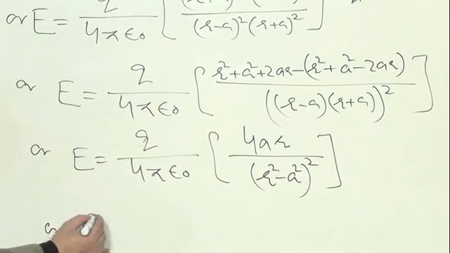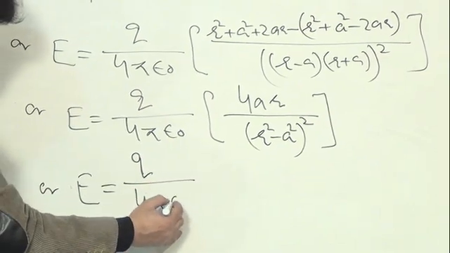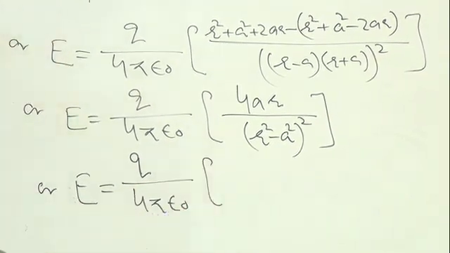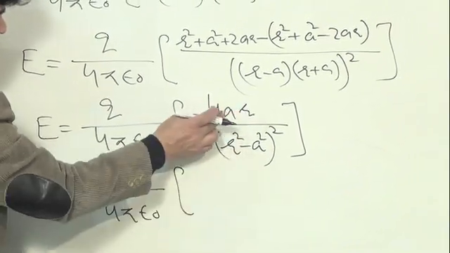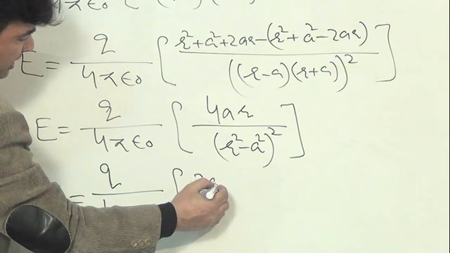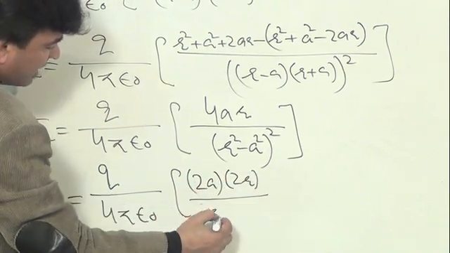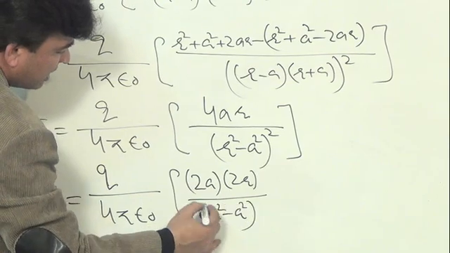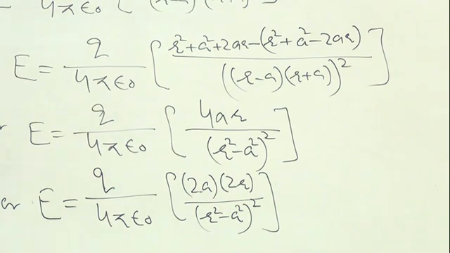Or I can say E equal to Q by 4 pi epsilon naught into, here 4AR, instead of 4AR I will write 2A into 2R divided by (R square minus A square) whole square, because when you multiply the two we will get the same value.